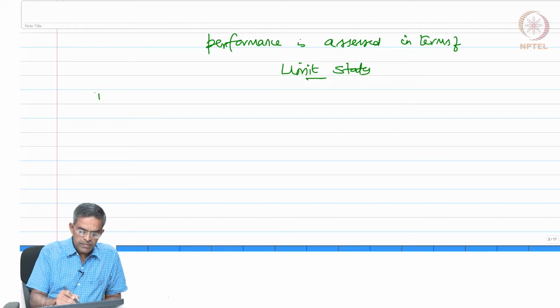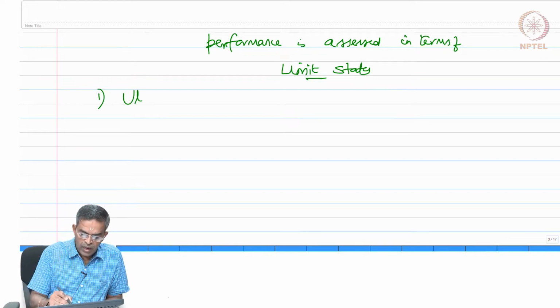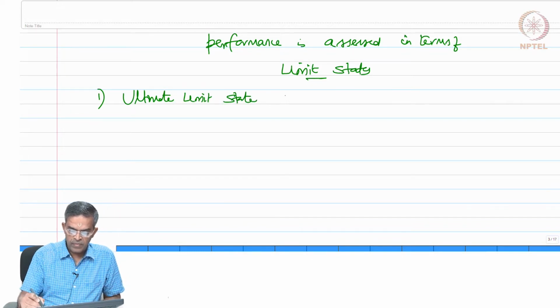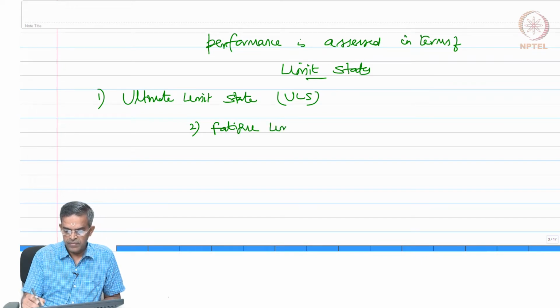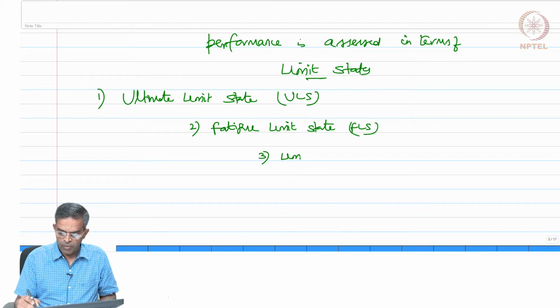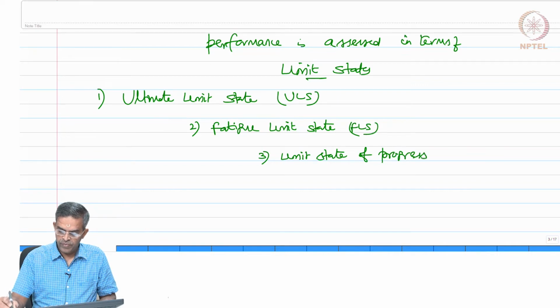When I say limit states, there is something called ultimate limit state, fatigue limit state, limit state of progressive collapse, and serviceability limit state.